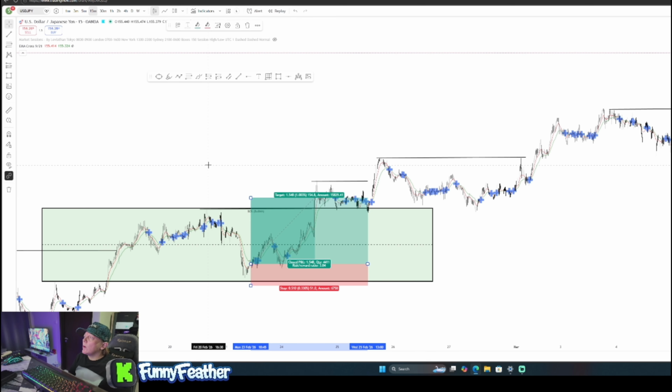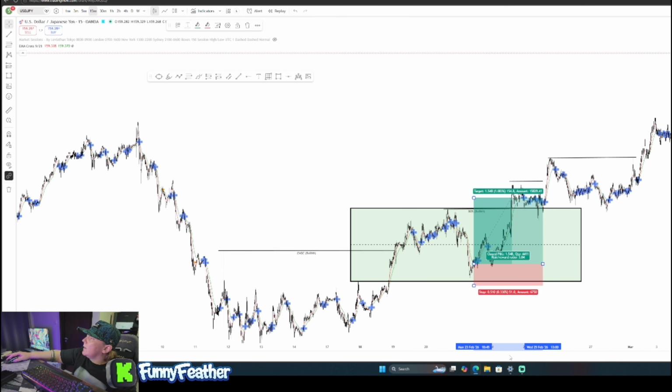Okay, so now you want to actually take the trade. So we want to actually take the trade now. So what do we want to do? Oh, these buttons now. That's embarrassing.